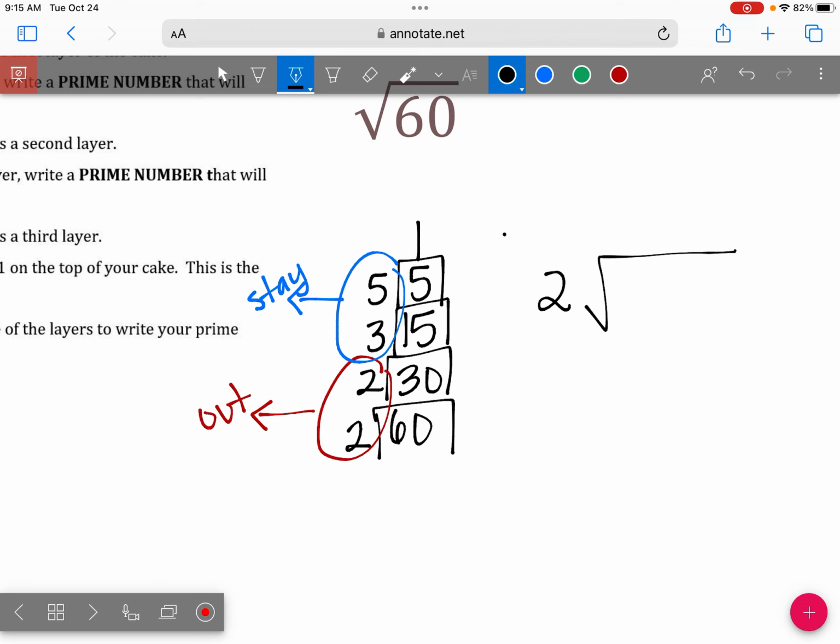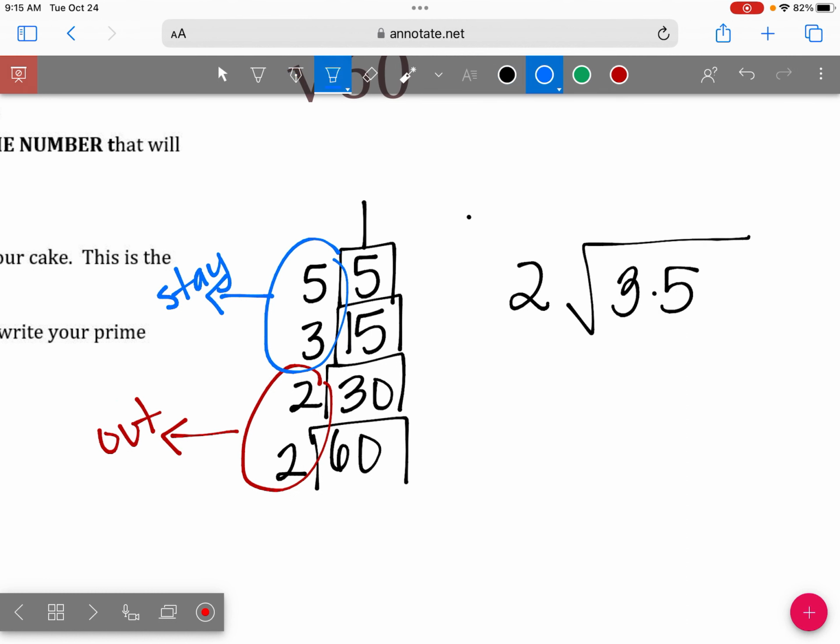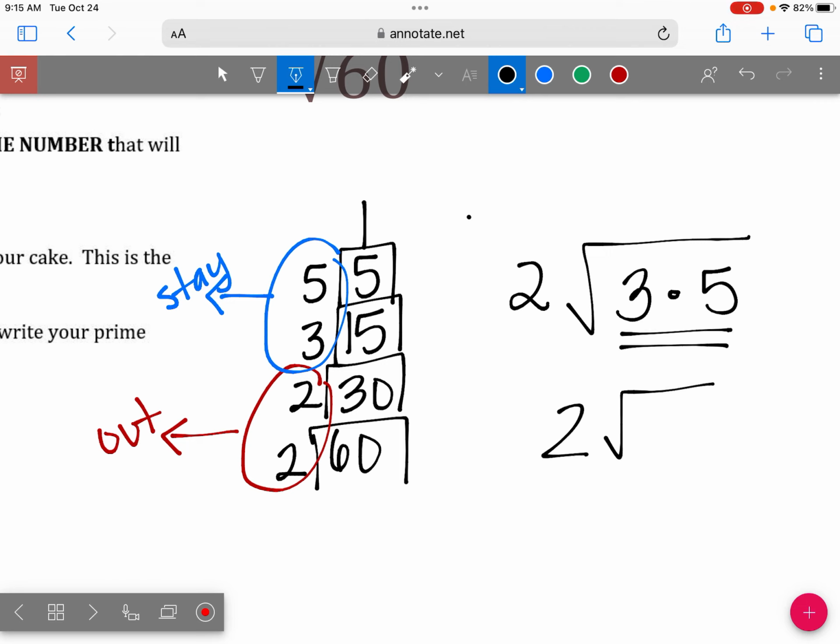You only have to write it one time. If you have a pair, we only write it once. And then the 3 times 5 has to stay. And then 3 times 5 is 15. So this is how you would write your answer.